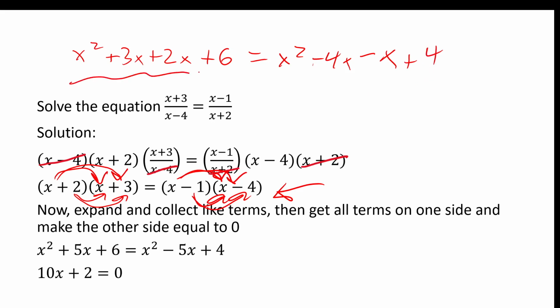And so x squared plus 3x plus 2x plus 6 literally just becomes x squared plus 5x plus 6. And x squared minus 4x minus x plus 4 literally just becomes x squared minus 5x plus 4.